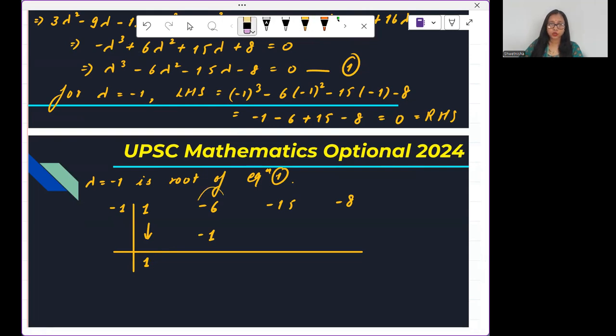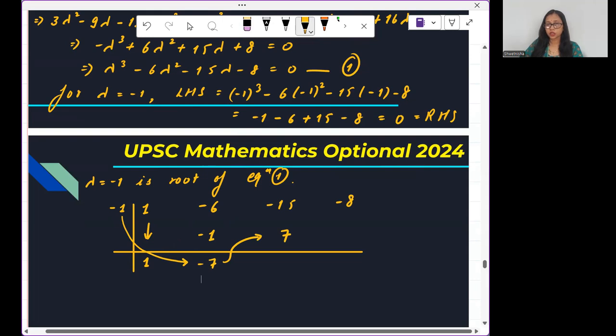Now you add these two, it is -7. You again multiply -1 with this and write it here, 7. -1 multiplied by -7 is 7. You add, this is going to be -8. Again you multiply, this is 8, -8 plus 8, 0.